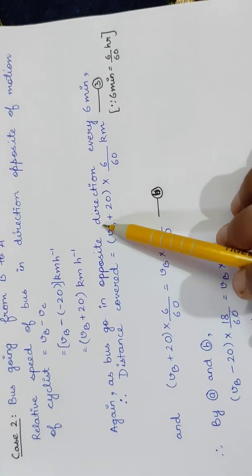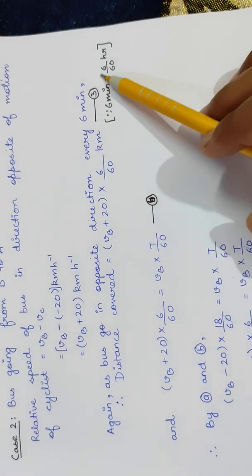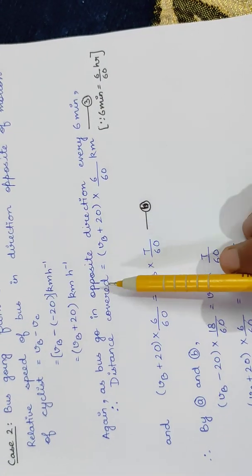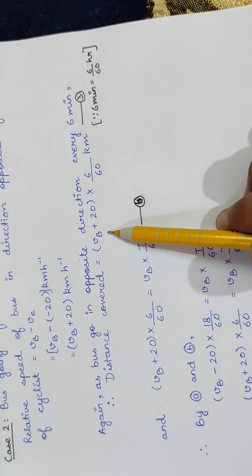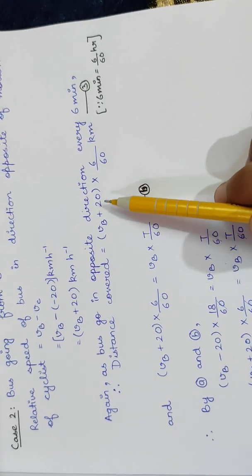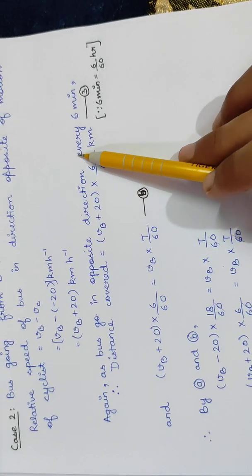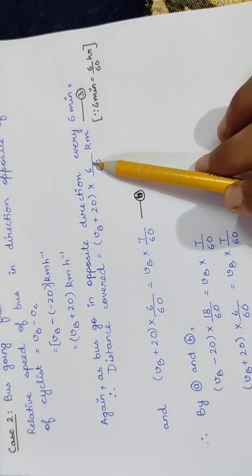Again, we know that a bus goes in the opposite direction every 6 minutes. It is given in the question. So we'll find the distance covered in this case. It will be equal to (Vb plus 20) into 6 by 60. We have converted 6 minutes into hours.